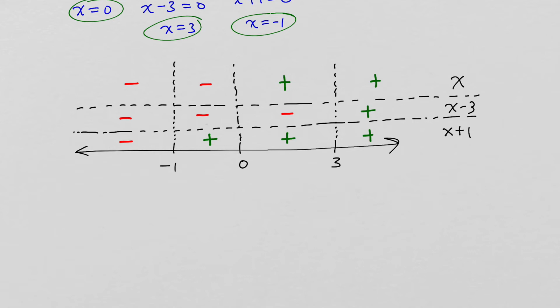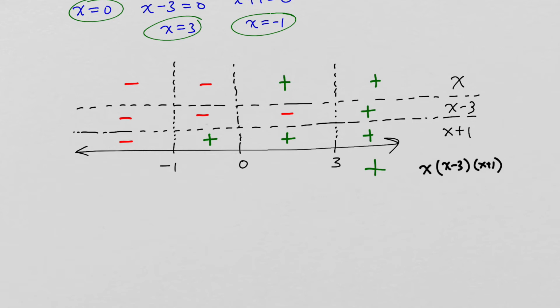Now remember, what we're doing in this problem is we're multiplying x times x minus 3 times x plus 1. And when you multiply all of those together, you just need to consider what the sign is going to be by looking at the signs of the factors. So we'll start over here. If you multiply a positive number times a positive number times a positive number, you will get a positive number.